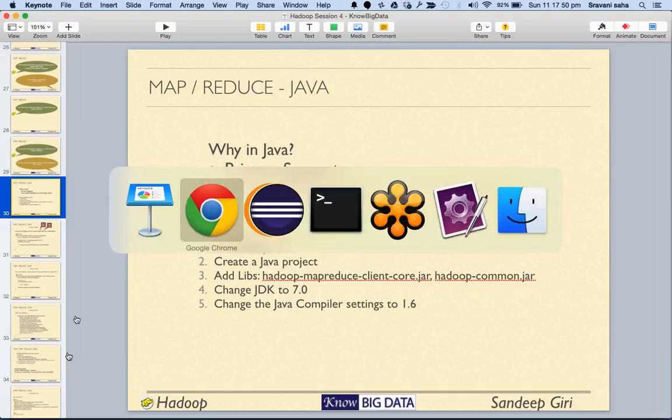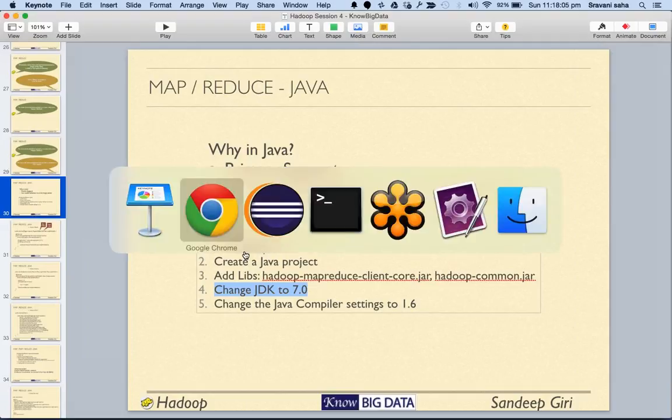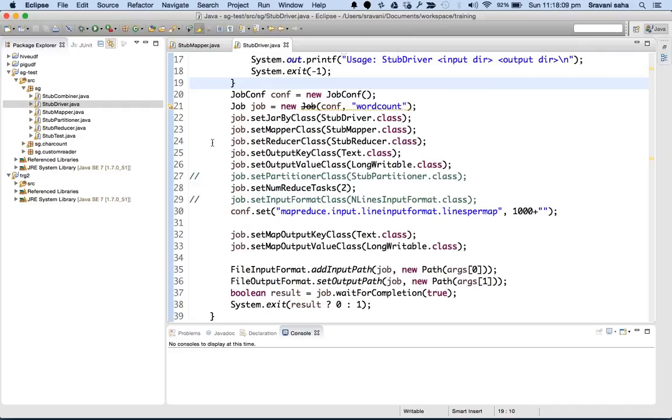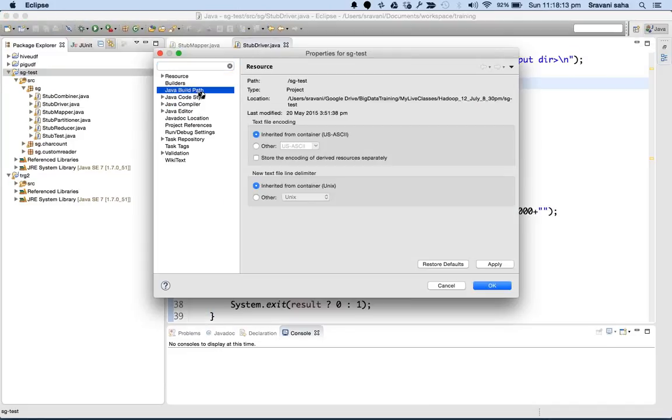Okay. And also, I forgot to explain to you this part. While installing Eclipse, create a Java project or import the Java project and change the JDK to 7.0. Why? Because of the output which we require here.